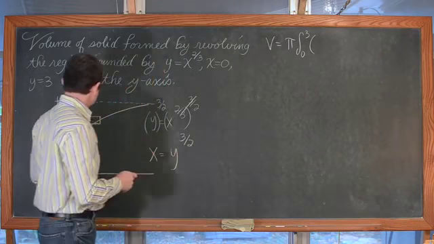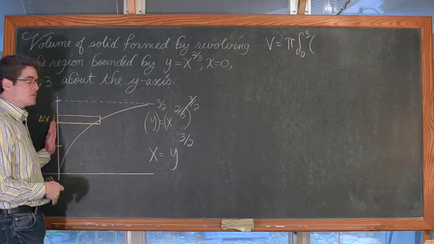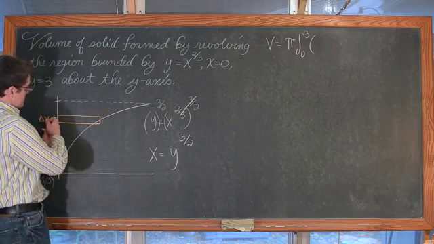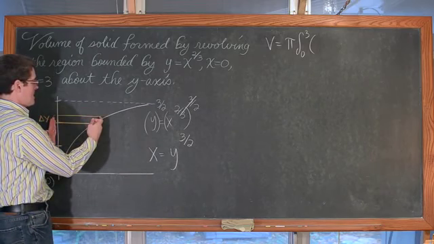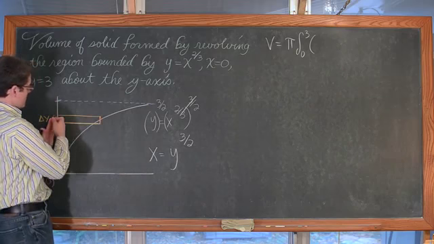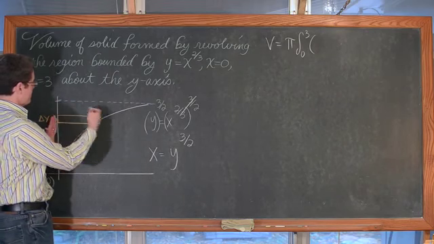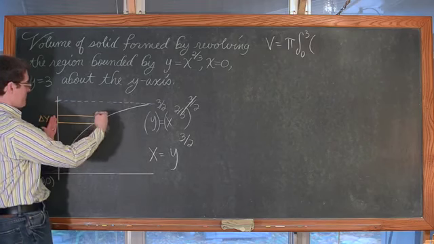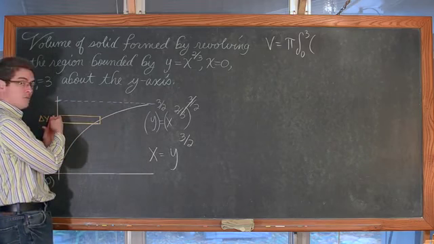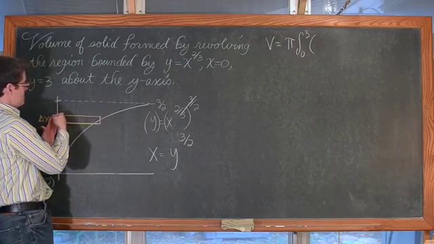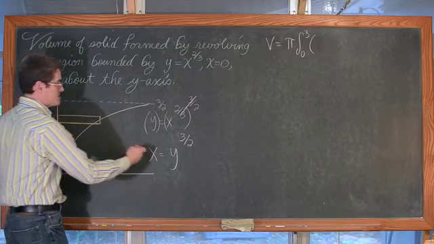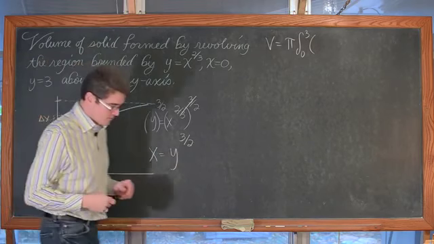Okay, so the radius: how long is this orange rectangle? Well, we're going to plug in y and get the x values from the function, and then subtract, since the distance goes from that x value back here to 0. So it's x minus 0, and x is defined by y to the 3/2 power.